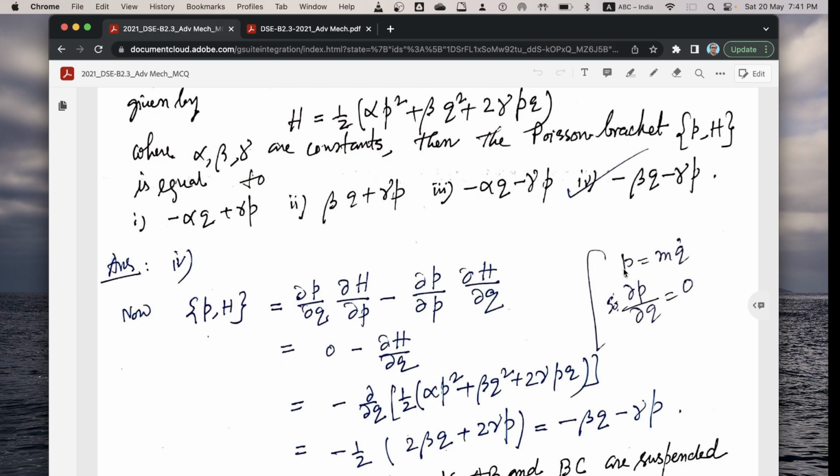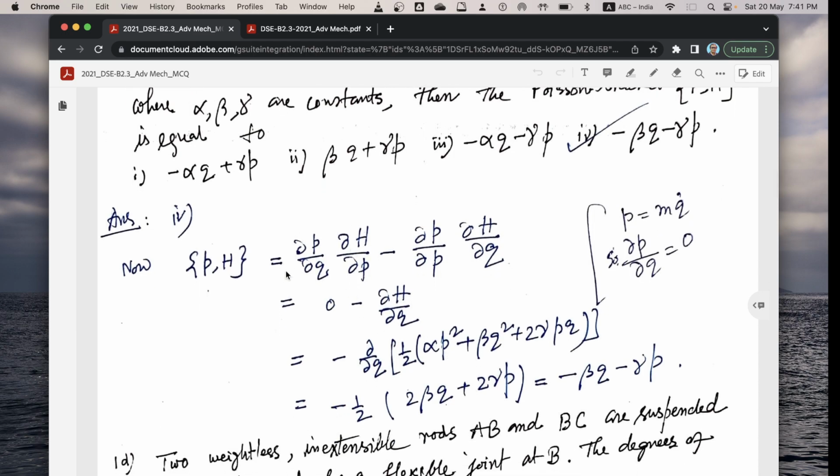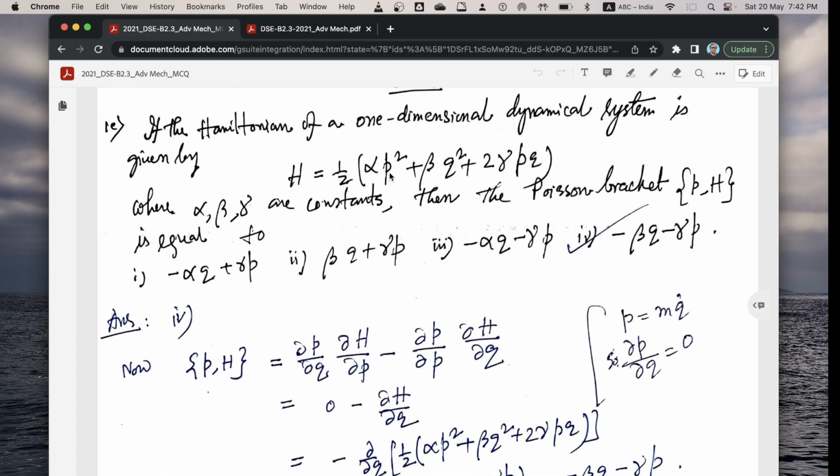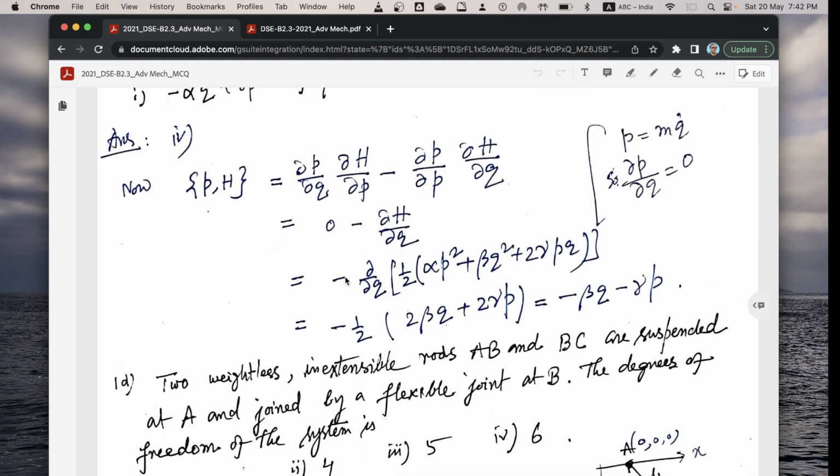Because P is the generalized momentum, so m times Q dot, obviously ∂P/∂Q equals 0 because Q does not appear in the generalized momentum P. So this product term is 0, and ∂P/∂P is 1 with ∂H/∂Q. So this equals minus ∂H/∂Q, and H is given by half of αP² + βQ² + 2γPQ. So after partial differentiating with respect to Q, we get minus βQ minus γP.